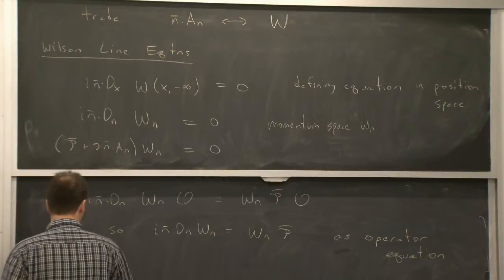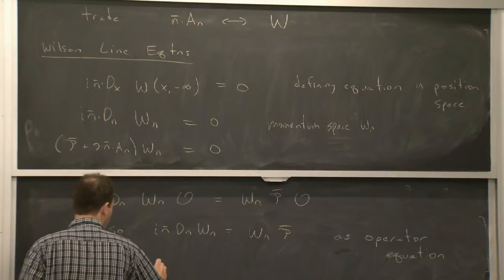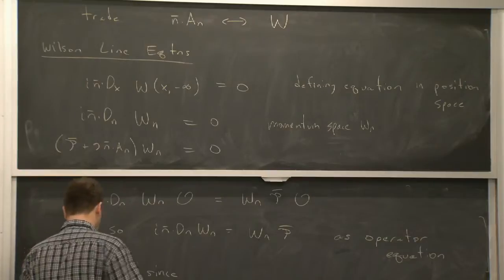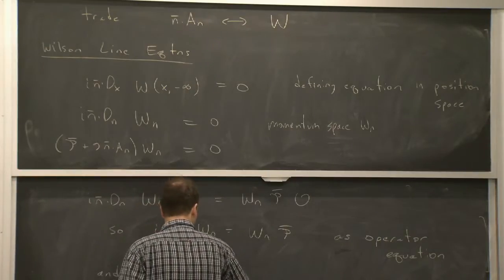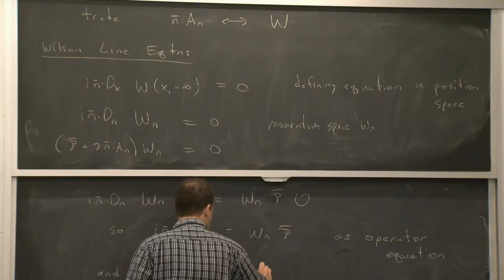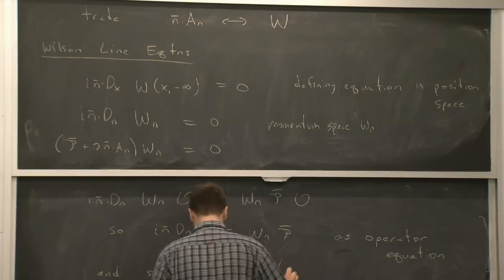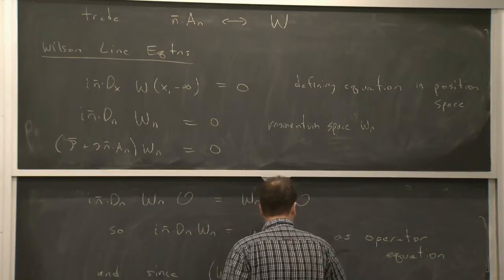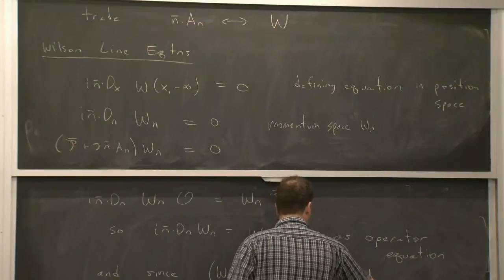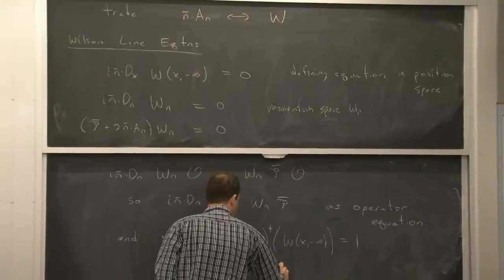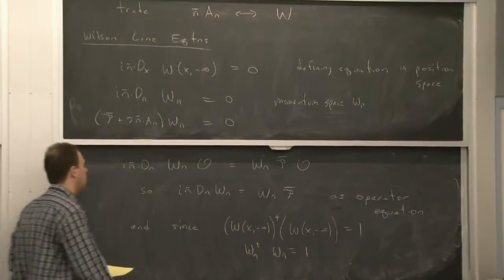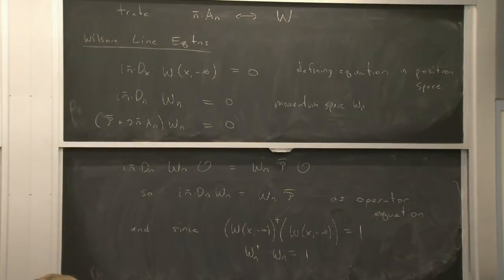But I know something else. I know that the Wilson line is an e to the i something, and actually it's unitary. So W dagger W is 1. And again, in momentum space notation, that's kind of the obvious thing. W dagger W is 1.